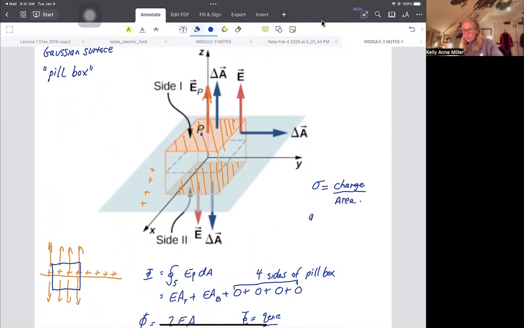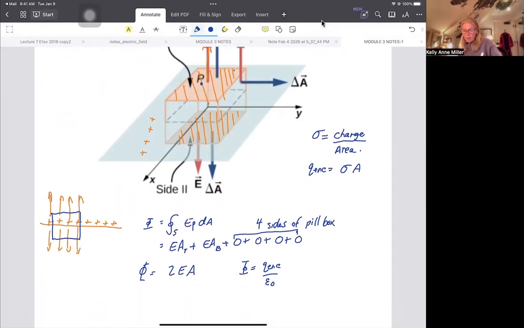So the Q enclosed is just going to be sigma times A, where A is the area of either the top or the bottom. So sigma times A divided by epsilon naught.